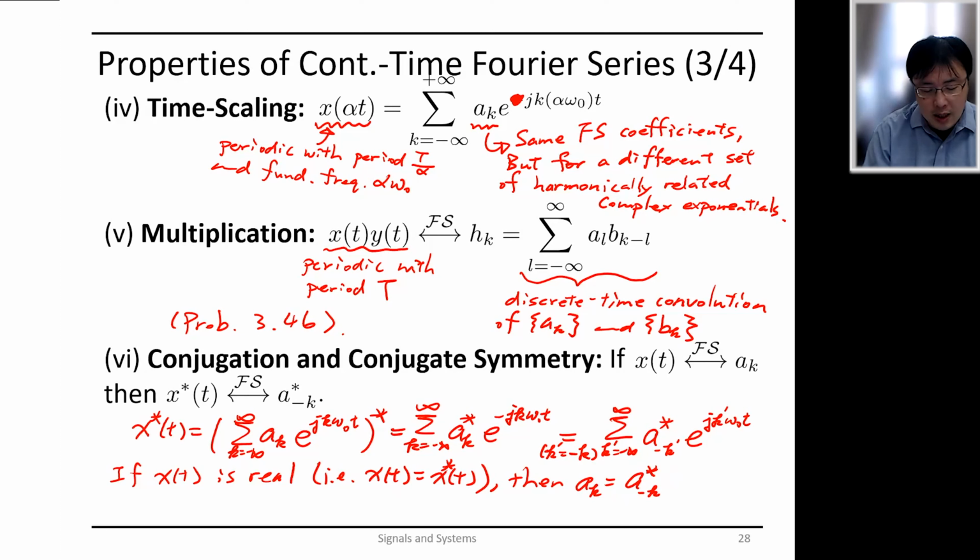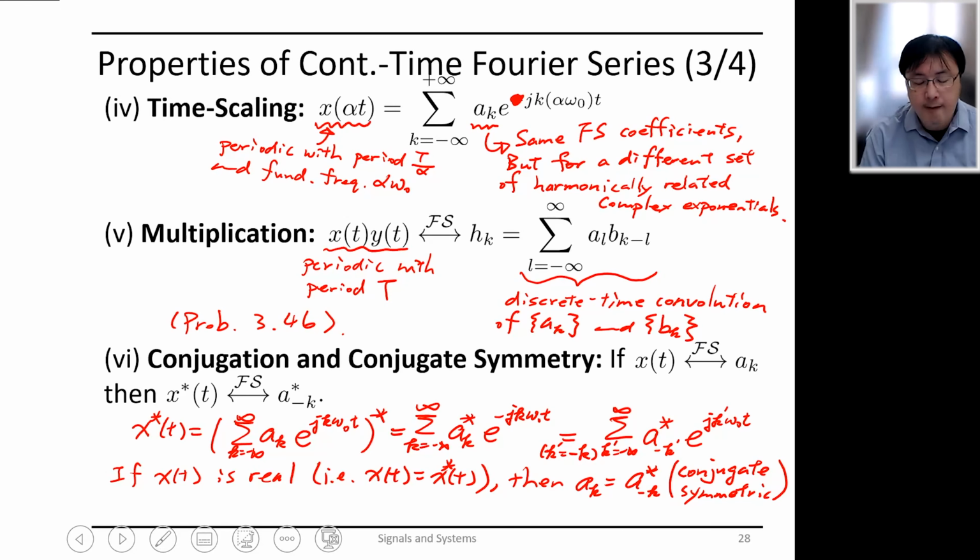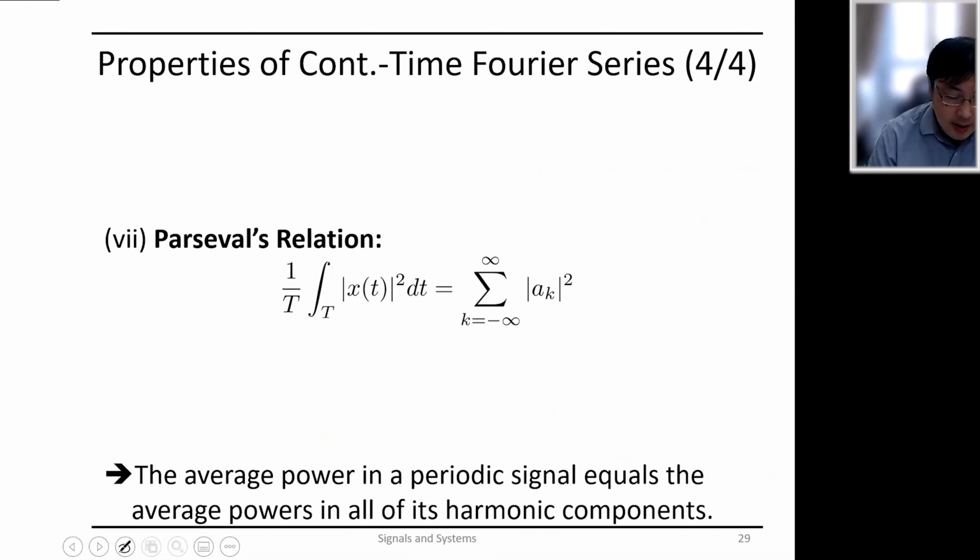So this is saying that if x of t is real, then its Fourier series coefficient should be conjugate symmetric.